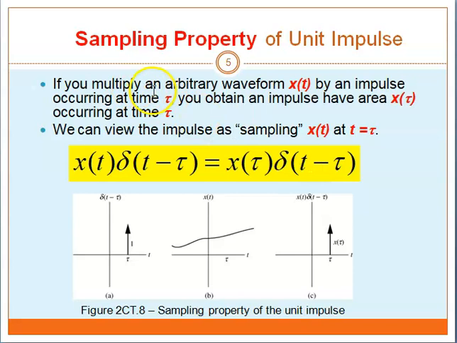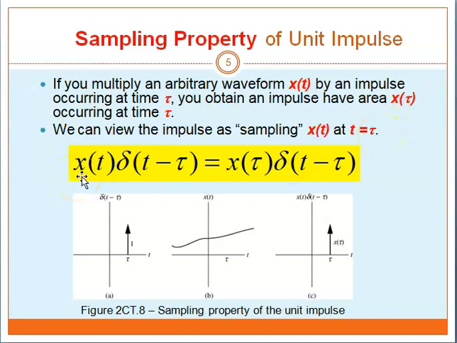If you multiply an arbitrary waveform x(t), this is the input signal x(t), with an impulse signal that is occurring at time tau, you will obtain an impulse that has an area of x(tau). So we can view the impulse as sampling x(t) at the time when t is equal to tau.